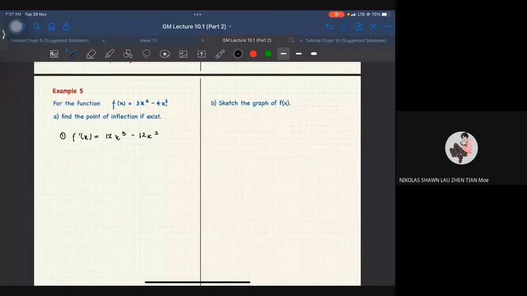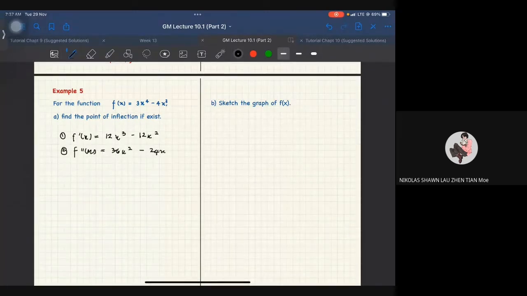Okay, and then second derivative, f double prime x, so equals to 12 times 3 is 36, and then x to the power of 2 minus 24x.